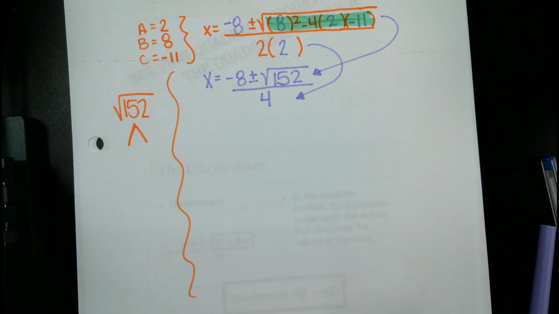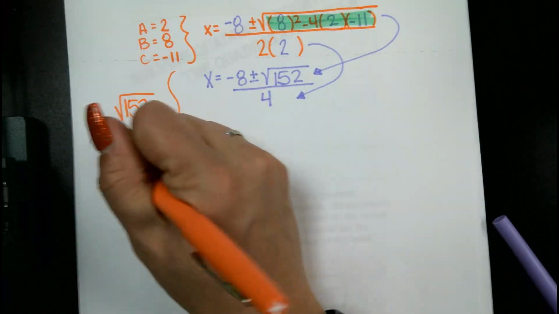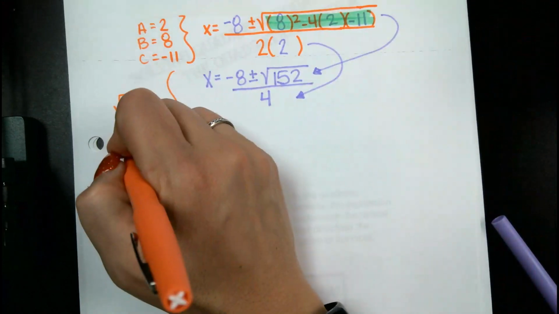Now, we all understand my process that I showed you on the calculator, right? I'm going to go ahead and tell you what number it is, but we understand what we would do. 152 divided by 100, 152 divided by 81, and you would work your way down that list. Guess what number is the biggest perfect square this time? It's 4 again. Then we have to divide by the whole factor sheet.